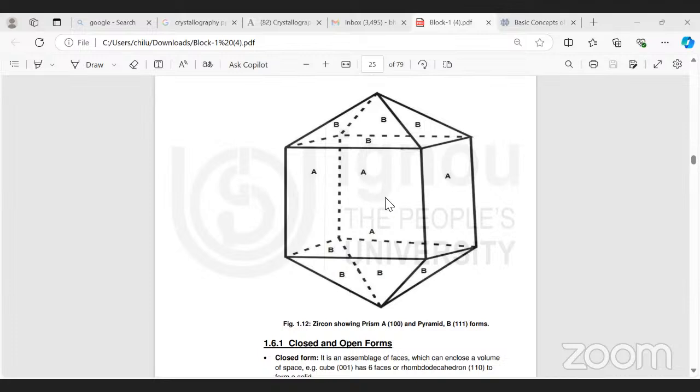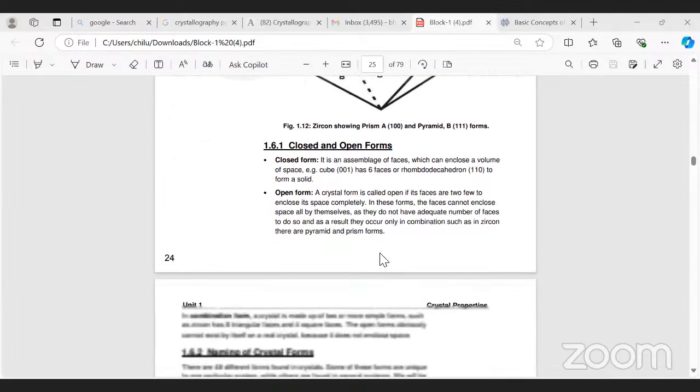Almost all the axes travel through this point, so this point is known as the center of a crystal. You see four faces here, and the top eight faces. All the axes travel through the center.